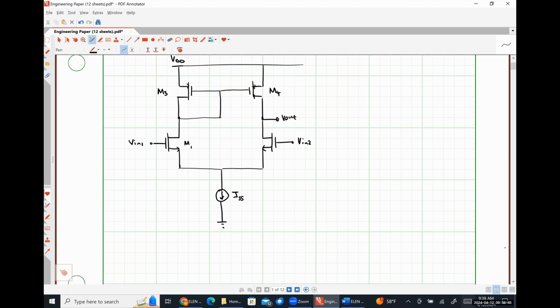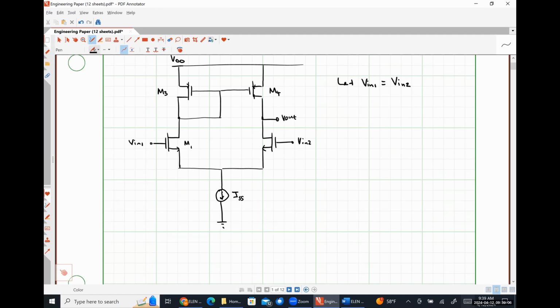So if we apply the same input voltage, so let's say that we let VIN1 be equal to VIN2, what would we expect to happen?